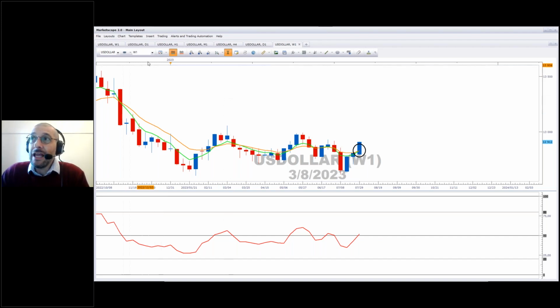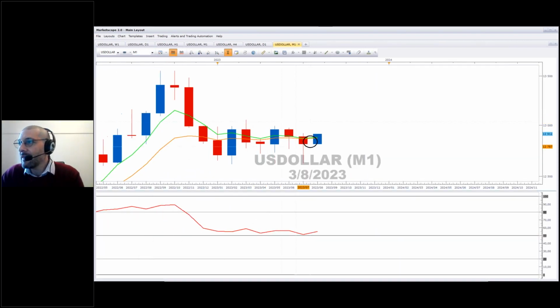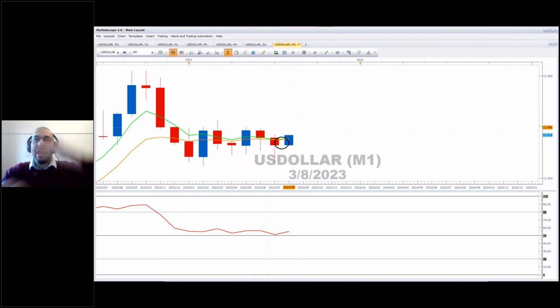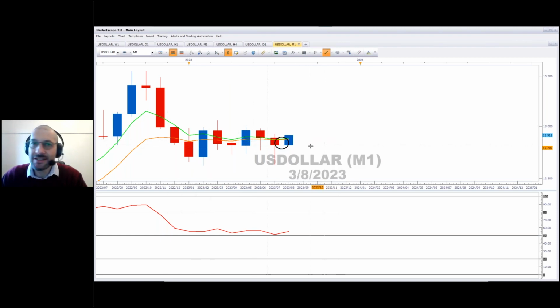If I bring up the US dollar monthly, it seems to cement the trading range hypothesis. Take a look. The trend following indicators have squeezed together. So there's a sideways movement here. If you take a look at the RSI, it is above 50, but it's very close to 50. It's very close to neutral. So it does seem as if the US dollar is, by and large, moving sideways.